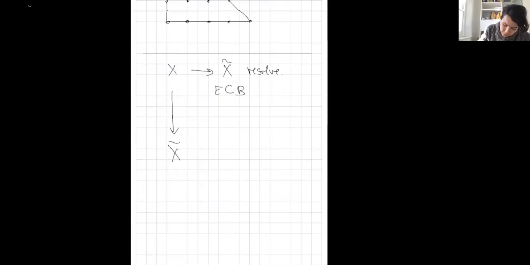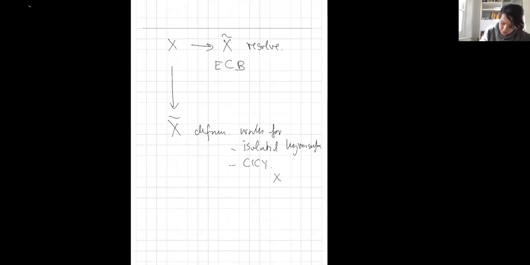But you can also deform. And that is something that depends a bit more on the geometry. At the moment, we don't have a very good understanding of how this works in general. It works for isolated hypersurfaces and also perhaps complete intersections. Xi and Yao have also studied these types of geometries, and I think there were other papers, with a subset being Xi and Yao on the complete intersections.